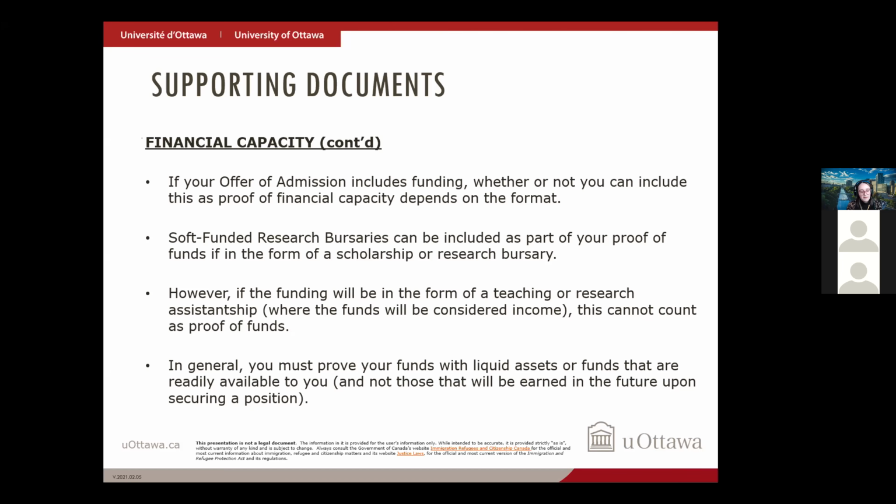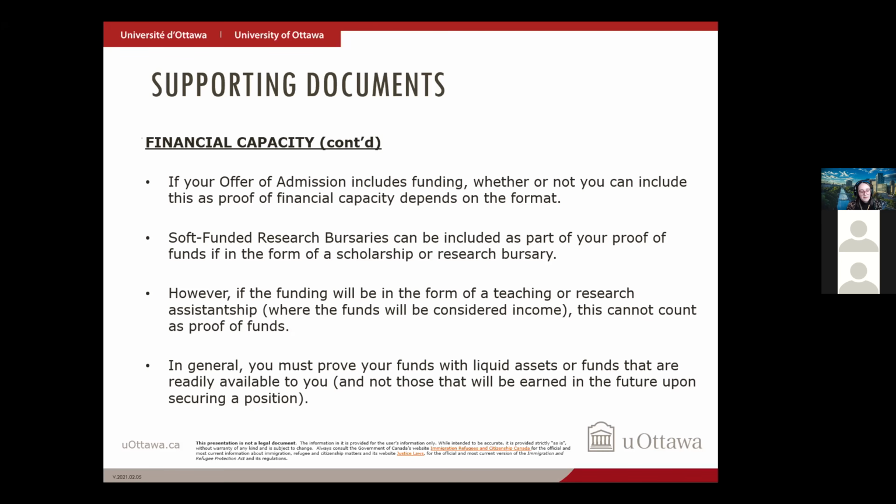In general, with your study permit application, you have to prove your funds with what we call liquid assets, or funds that are readily available to you. You can't count on funds that are going to be earned in the future if you get a TA or RA position. That can't count in a study permit application.